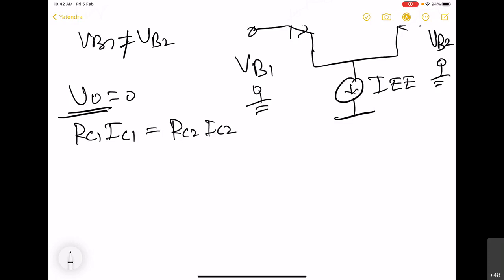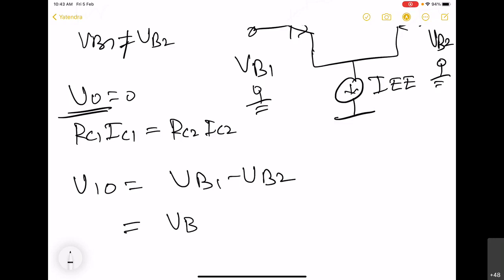So here also, to find out the input offset voltage, we have to take the difference of these two voltages, and they can be written in terms of base to emitter. Emitter is common to both.